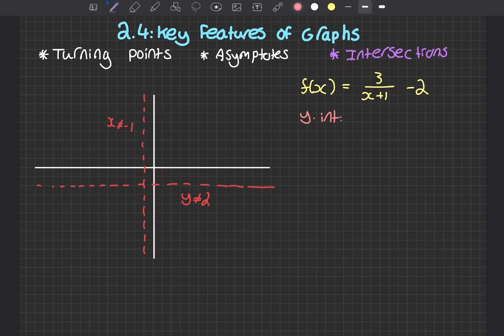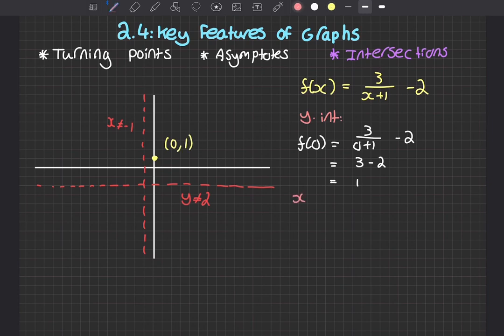To find the y-intercept, all you have to do is find the function of 0, or what is the y-coordinate when x equals 0. So this would be 3 over 0 plus 1, minus 2, which equals 3 minus 2, which equals 1. So at y equals 1 and x equals 0 is your first coordinate, 0, 1.